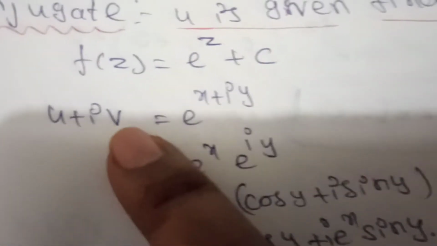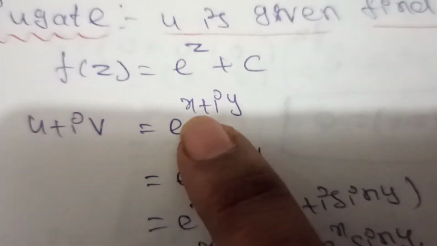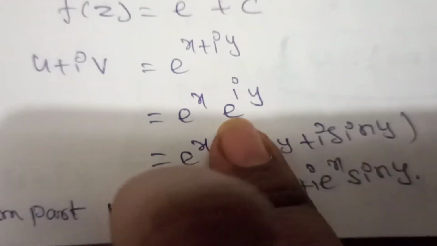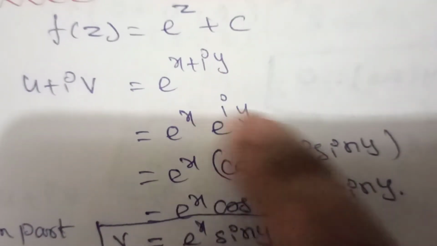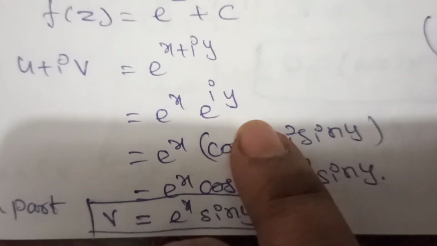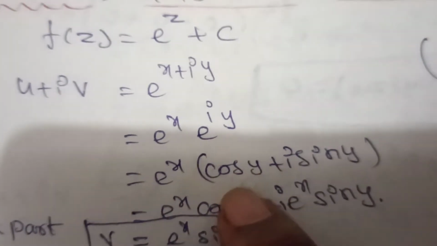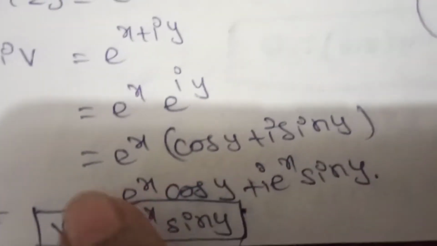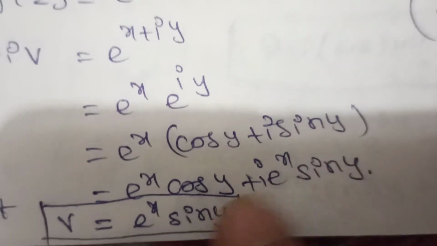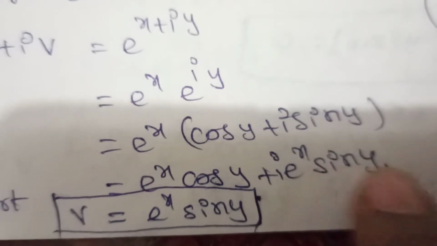So u plus iv is equal to e^(x+iy). You can separate this as e^x times e^(iy). You know the formula e^(iy) is cos y plus i sin y. Applying this formula and multiplying by e^x, it is e^x cos y plus i e^x sin y.